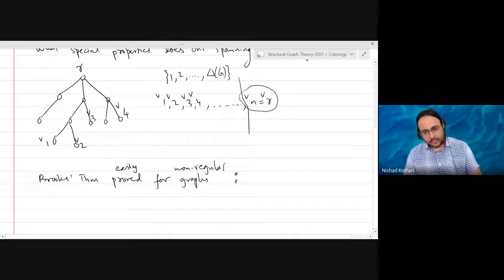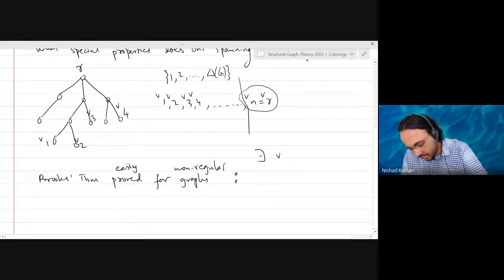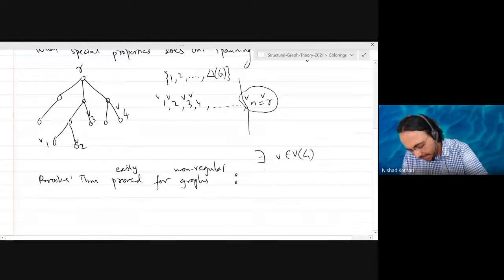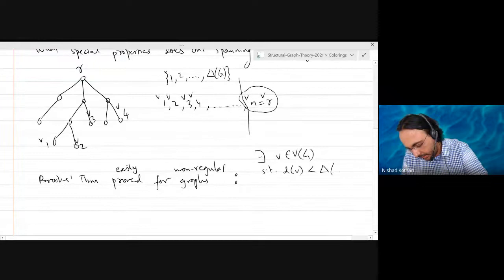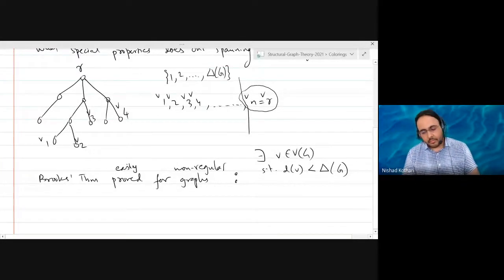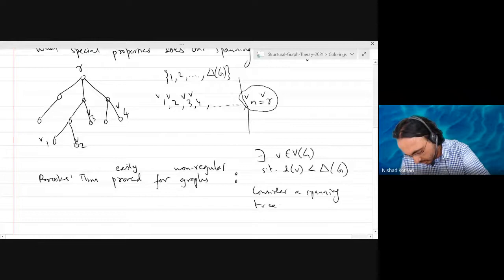Because the graph is not regular, there is some vertex such that the degree of this vertex is strictly less than the maximum degree, right? So you consider a spanning tree rooted at this vertex.